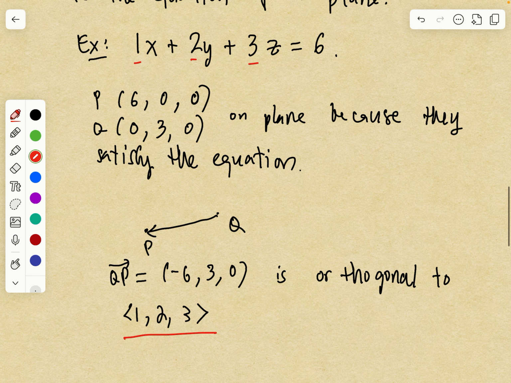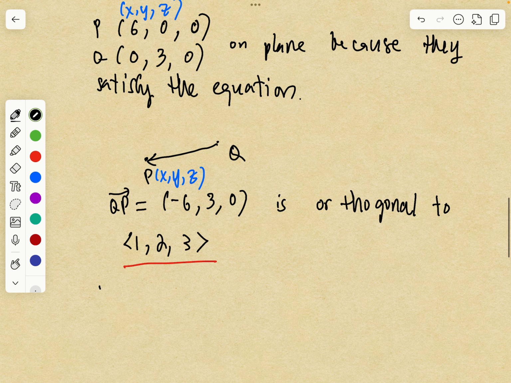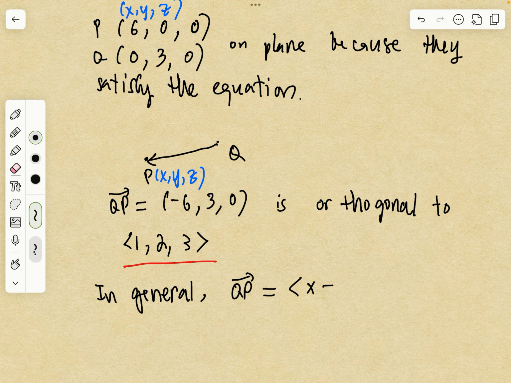And in general, if you take any P, so let's say you replace P by x, y, z, then QP, so let's just work with the specific Q, 0, 3, 0, QP is x, comma, y minus 3, comma, z.